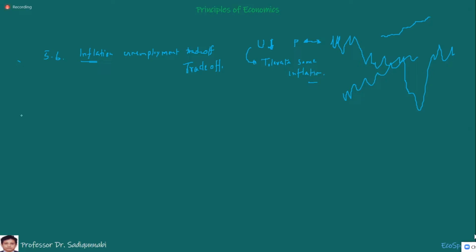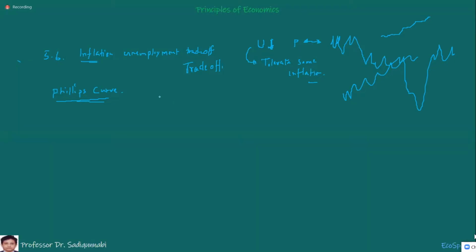And the trade-off is captured by the Phillips curve. Arthur Phillips, an economist, in 1958 wrote a paper on this inflation unemployment trade-off.